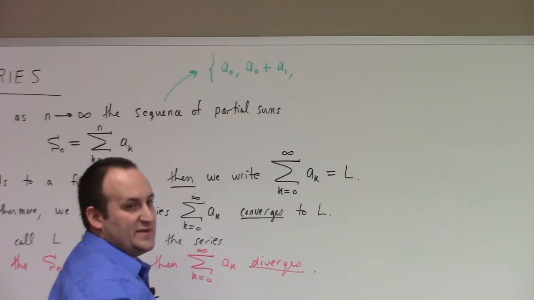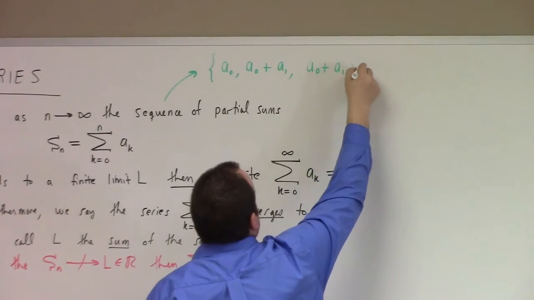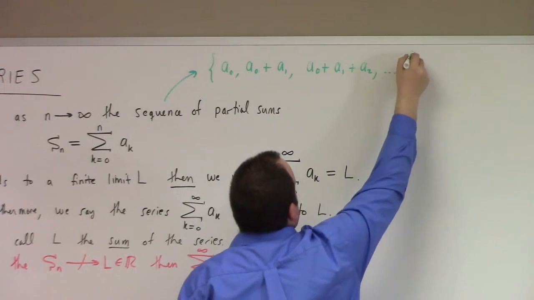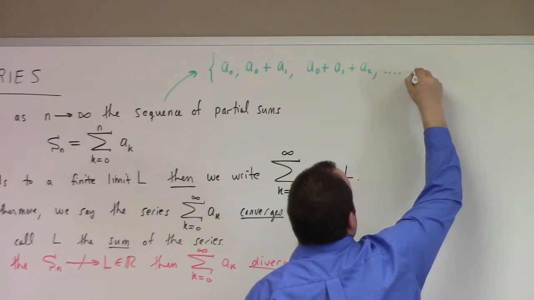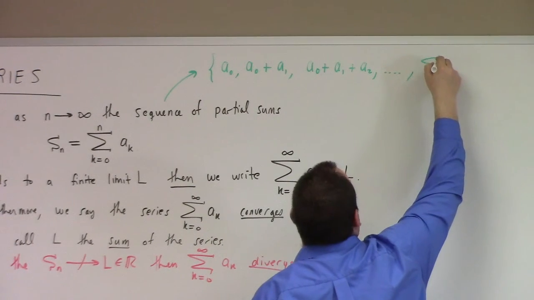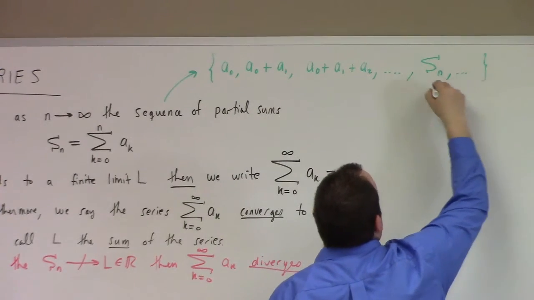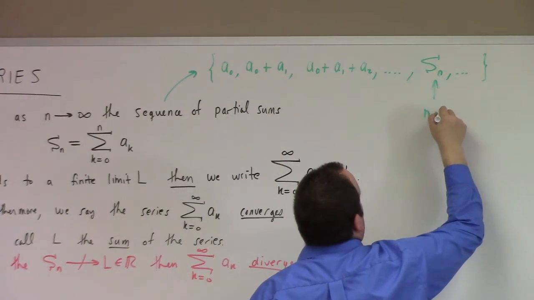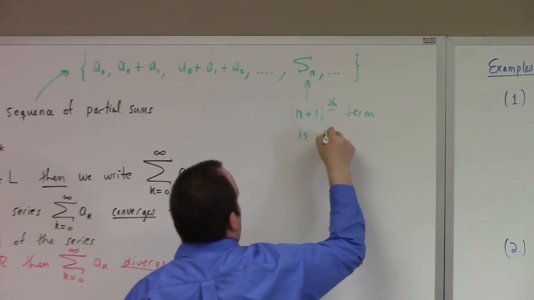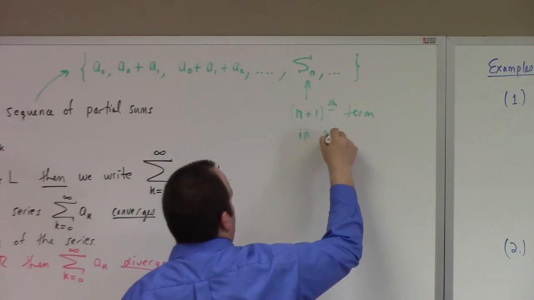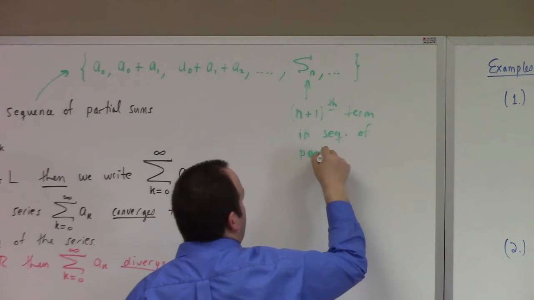What's the third term in the sequence? And then the nth term in this sequence, well, it's actually the n plus 1th term, I suppose, because we start at 0, and that messes up the counting, right?